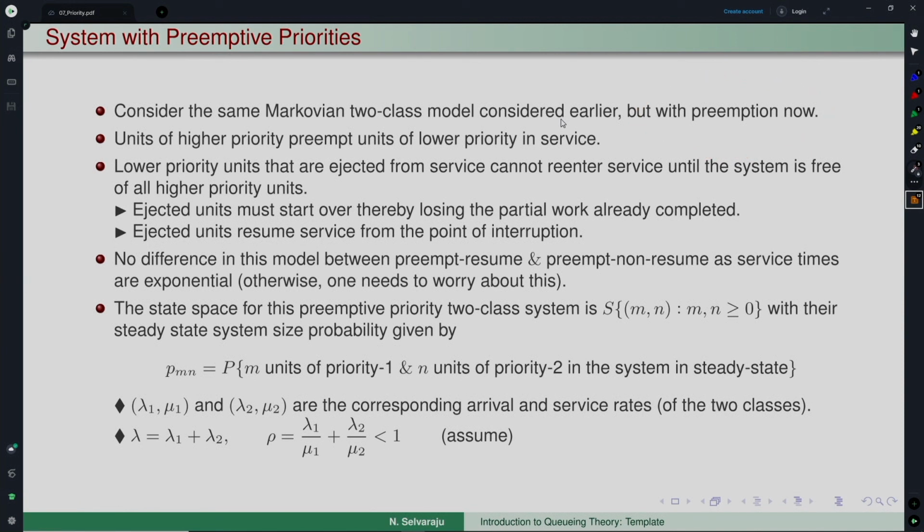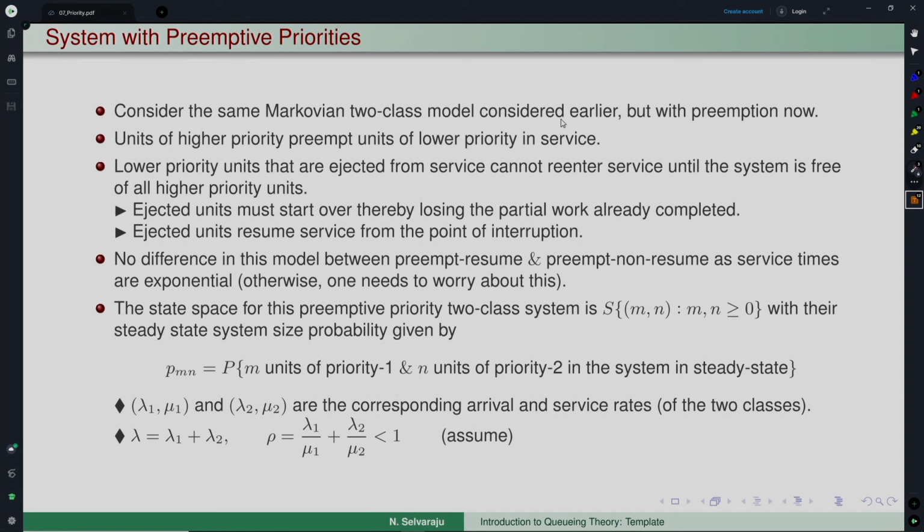Suppose a higher priority customer is undergoing service, and a higher priority customer comes, he queues. A lower priority customer comes, he also gets into the queue. Suppose a lower priority customer is currently being served, and another lower priority customer comes, he gets into the queue.